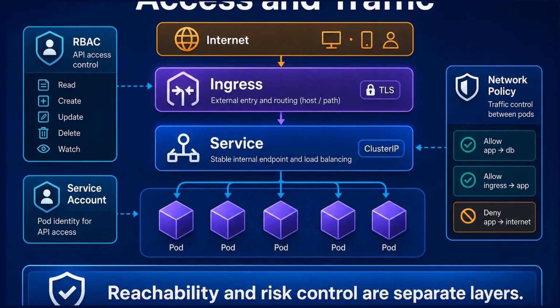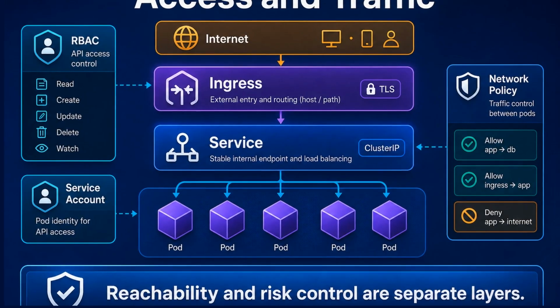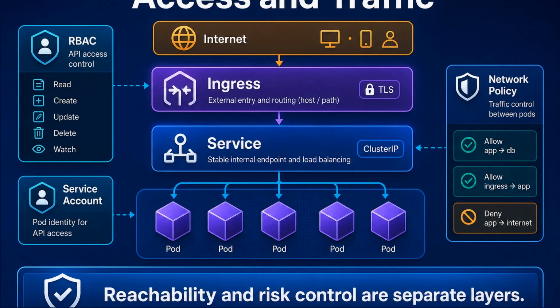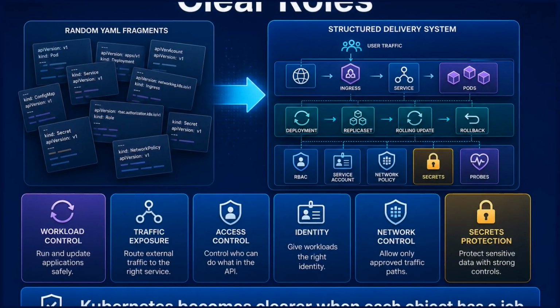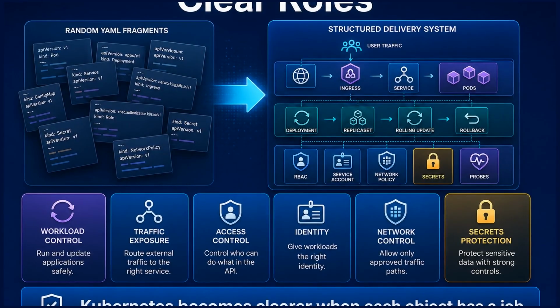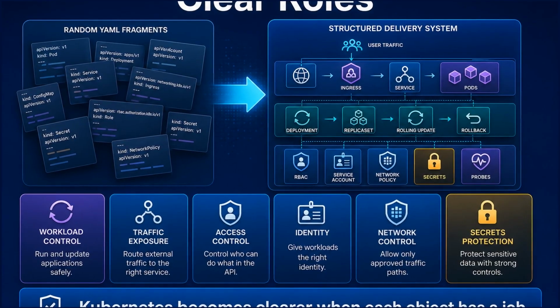Ingress gives users controlled external URLs, TLS termination, and routing. RBAC and service accounts control API permissions. Network policies control which workloads can talk to which other workloads or outside destinations. Secrets hold sensitive data, but they still need encryption, RBAC, and external secret store discipline.